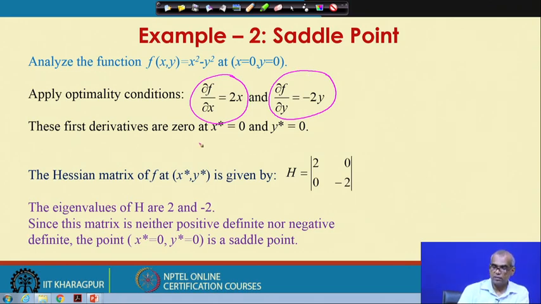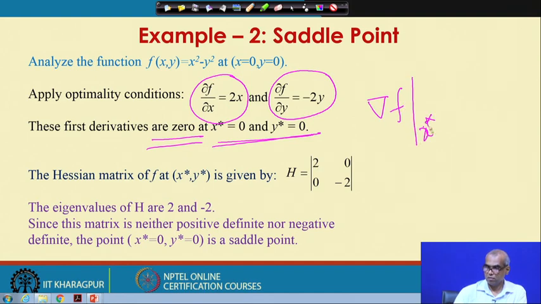So, these are 0 at x equal to 0 and y equal to 0. So, the gradient is zero. The Hessian matrix can be obtained as this.